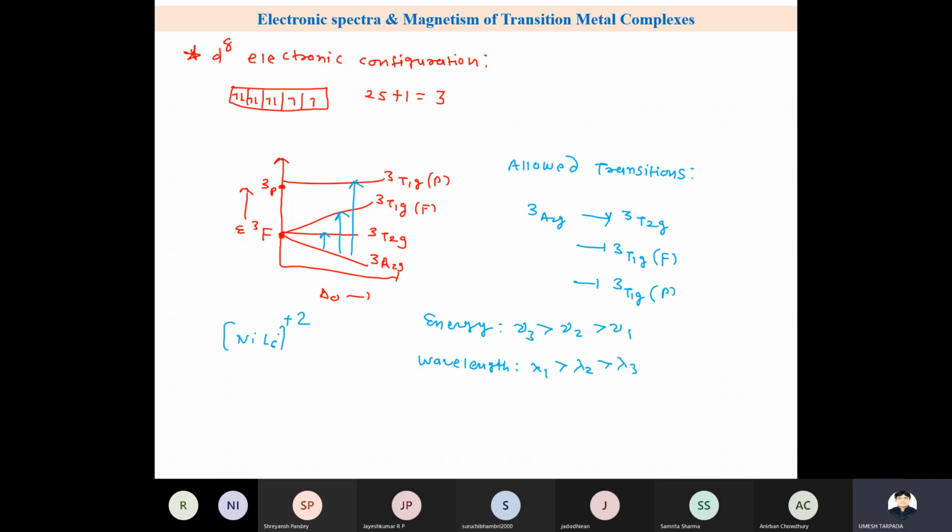So it is an example of this system. So this is an Orgel diagram for the D8 system. If you give one 10 Dq value, you can calculate nu 1, or from nu 1 you can calculate the 10 Dq value.